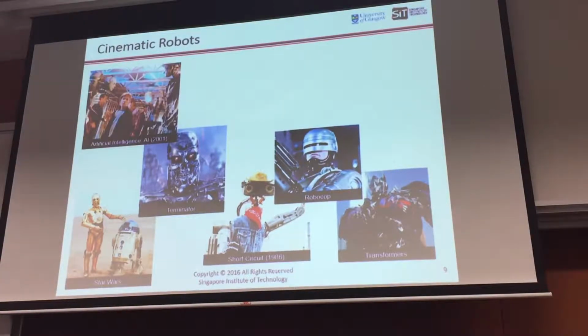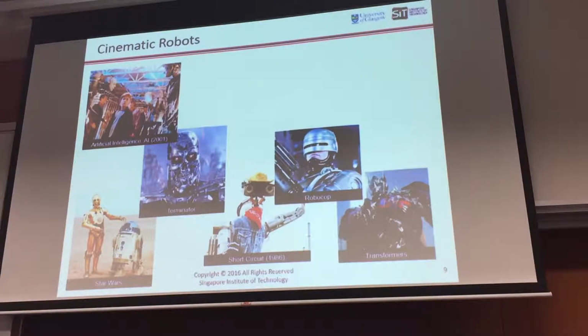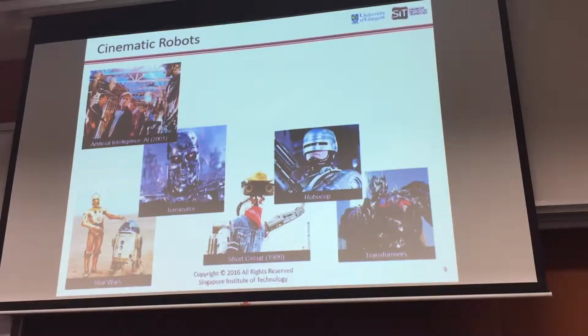Again, A.I. This movie is slightly different from the rest. The rest of these movies are just action packed: fight a war, do this, do that. But A.I. challenges the audience who is watching. To see that, hey, if I really have a robot who is with me, who's doing things with me, do I get some form of affection or do I build a relationship with that robot?